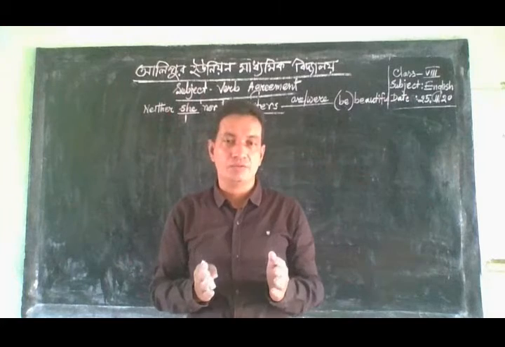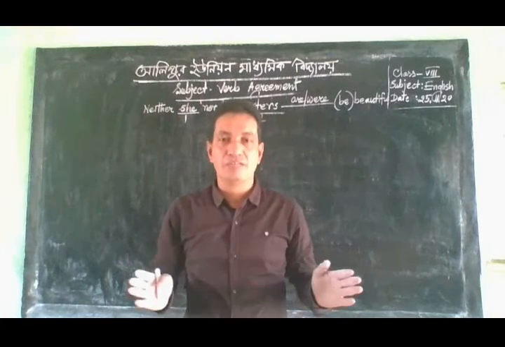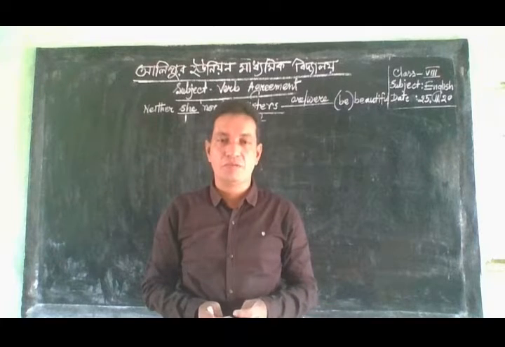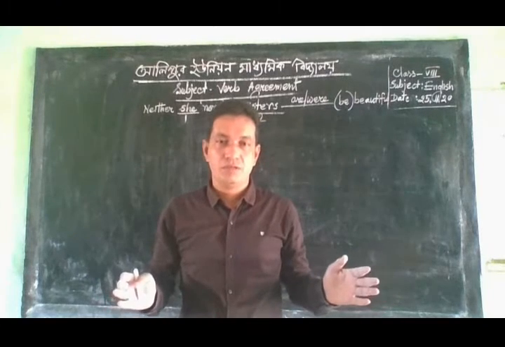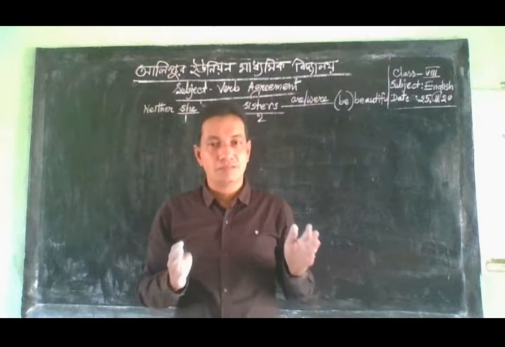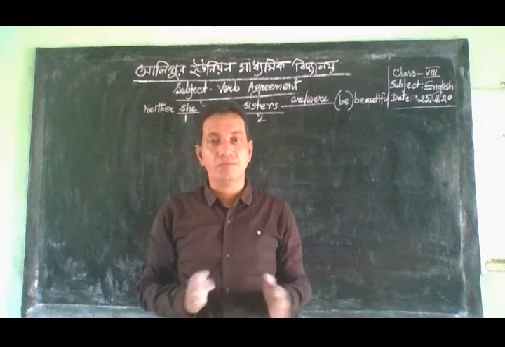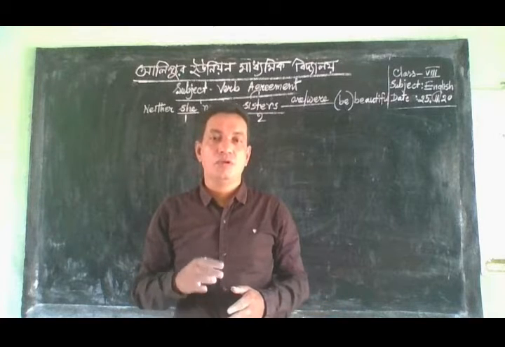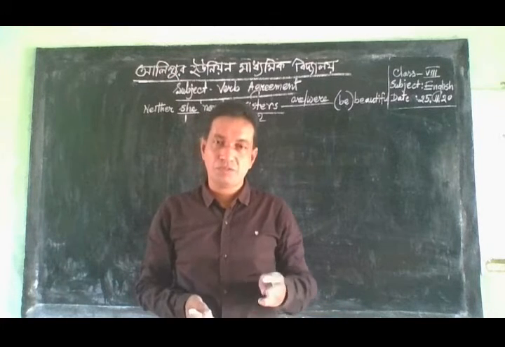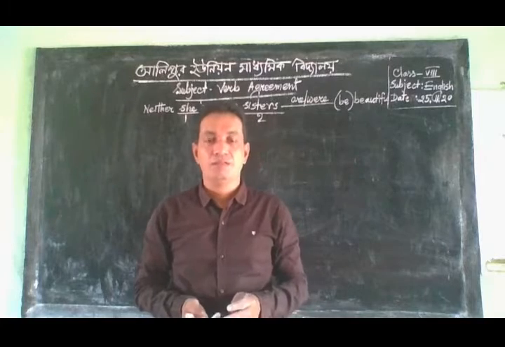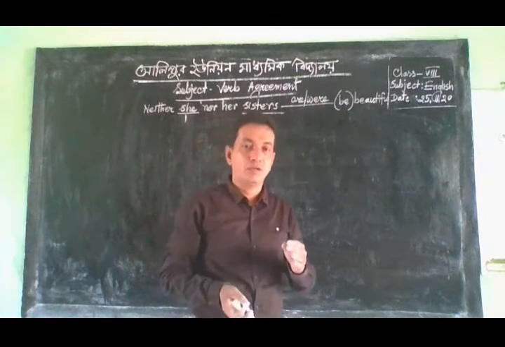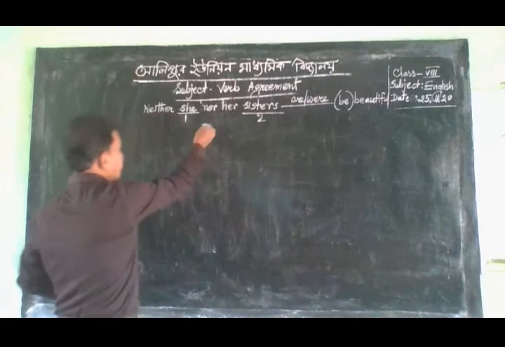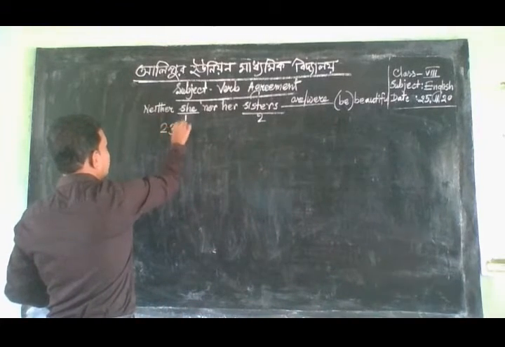When we find three persons at a time, that means first person, second person and third person in the same sentence, there is a rule to write them. The rule is 231.